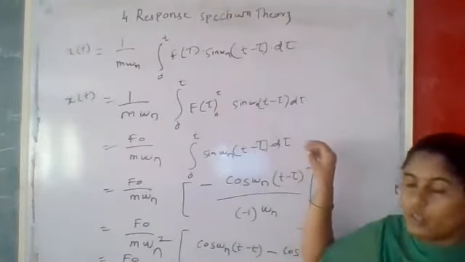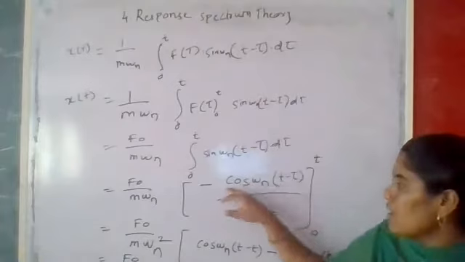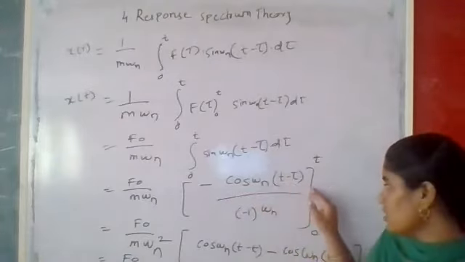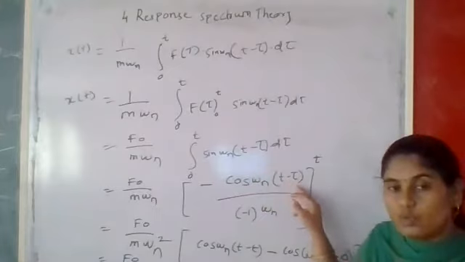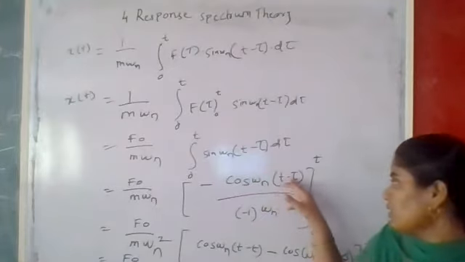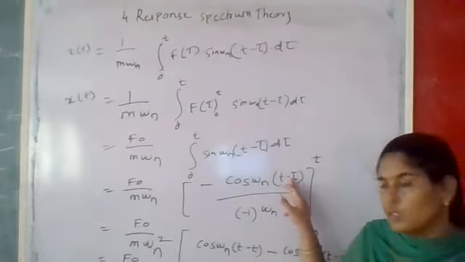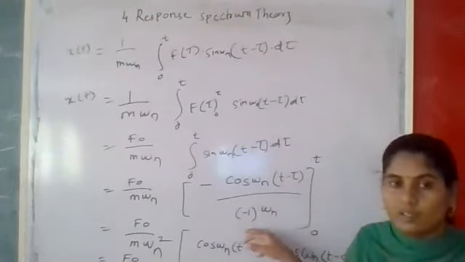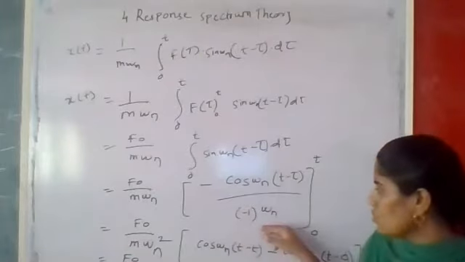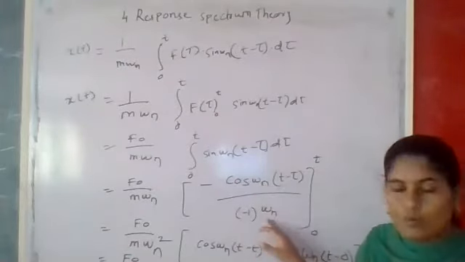The integration of sine is minus cos omega n (t minus tau). But here it is t minus tau, and we have taken the integration with respect to tau. That's why there is a minus coefficient here. In the integration, we take that coefficient in the downward direction, which becomes minus 1 into its coefficient omega n.